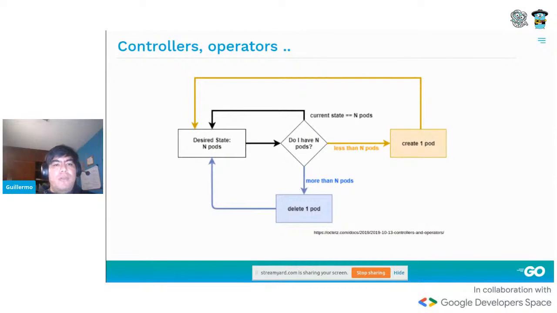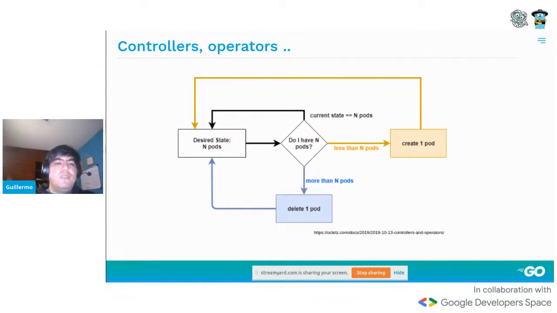Well, when developing code with Kubernetes, we're going to see two more concepts that are controllers and operators. About a controller, you can think about, for example, controlling the temperature of your room in your house: when you set a temperature on your thermostat, the system will try to reach that temperature.